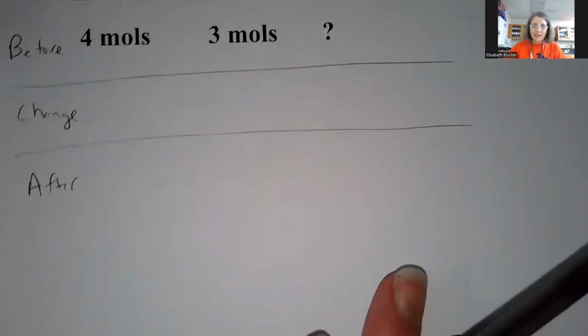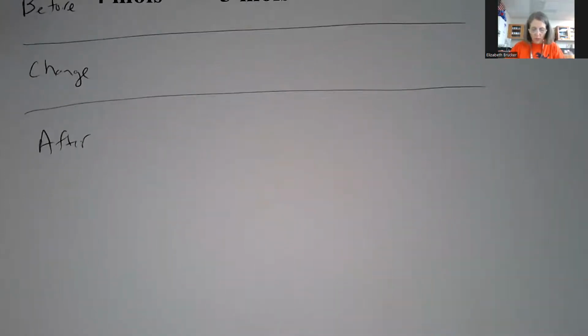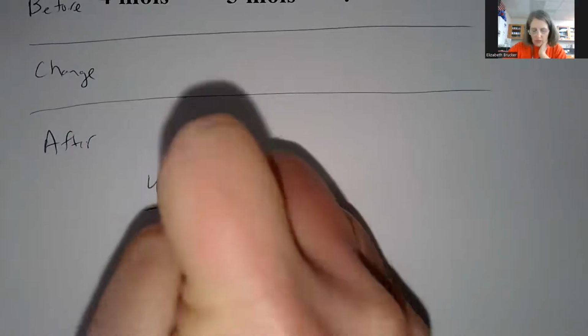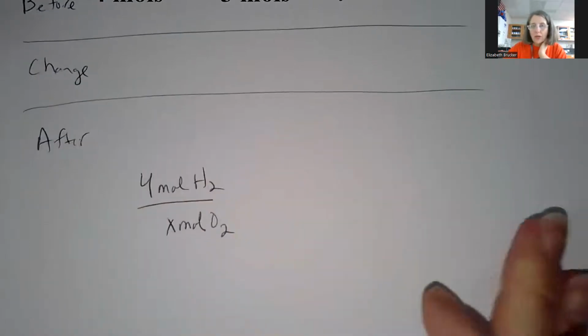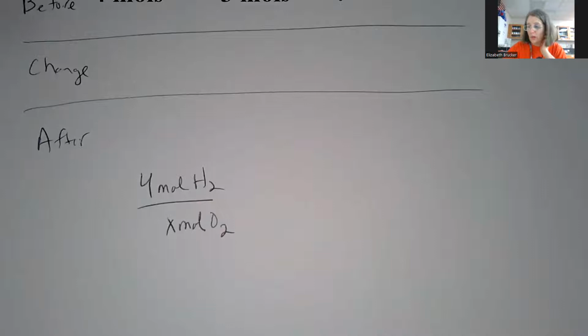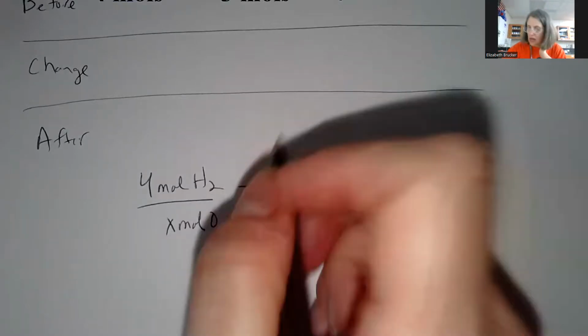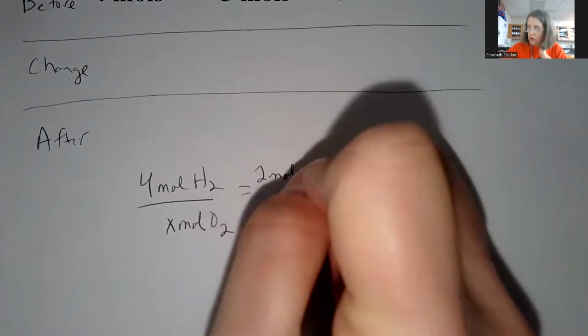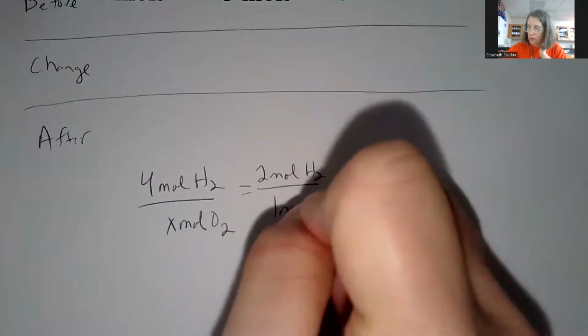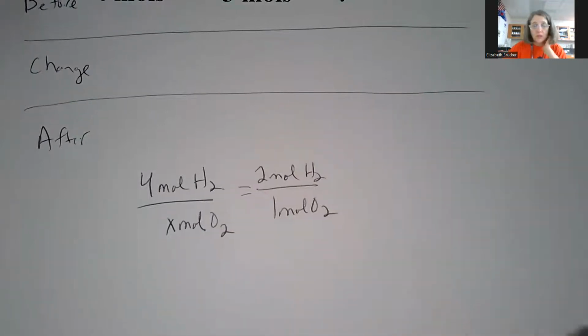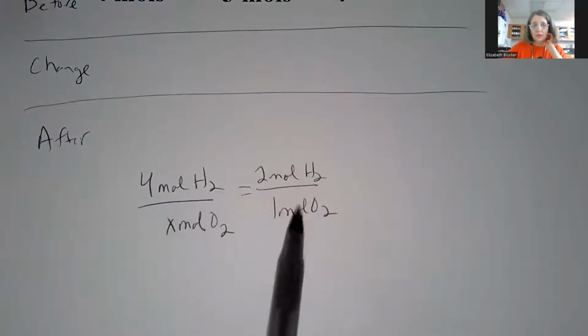So if I can't see it, I'm going to do what I call a mole-to-mole type problem. I'm going to take 4 moles of hydrogen and ask, how many moles of oxygen do I need to react with it? So we're just repurposing things that we have already learned. 2 moles of hydrogen for every 1 mole of oxygen. So set up your proportion and cross multiply.